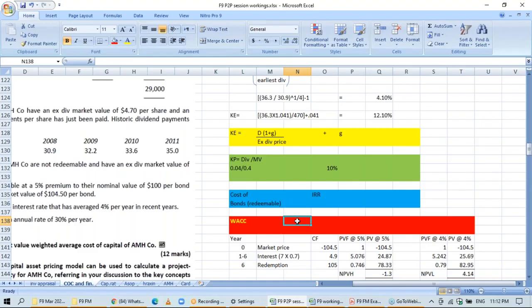So using the market values, we'll calculate the weighted average cost of capital. So 12.1% is the cost of equity. This will be multiplied by the market value 37,600 divided by the total 42,935.